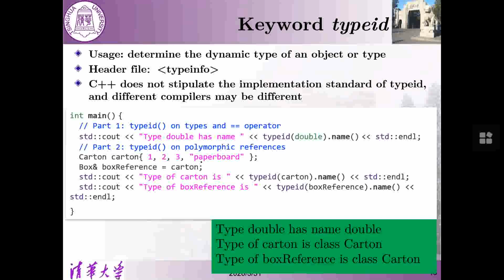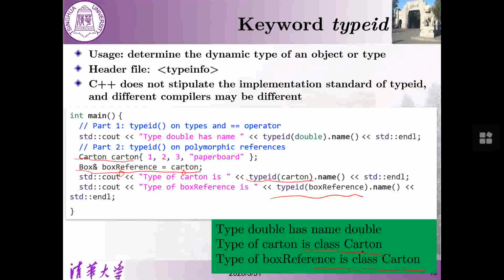Then typeid helps us to get the correct type of an object. For example, we have the carton here, and we upcast from carton reference to box reference. Then we can check the class of carton and box, right?